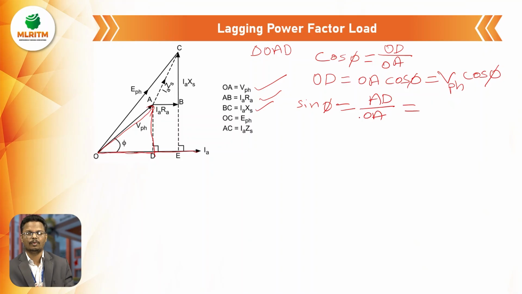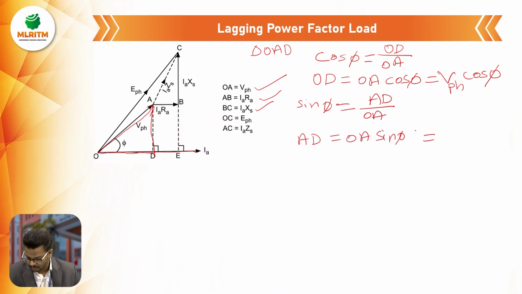So we write the equation AD equals OA sin phi, where OA is V phase, so AD is V phase sin phi. Now we have found the values of OD and AD.